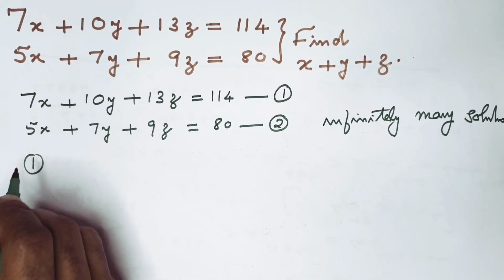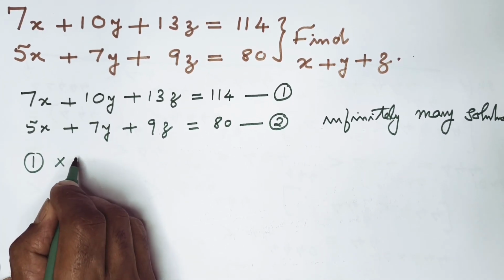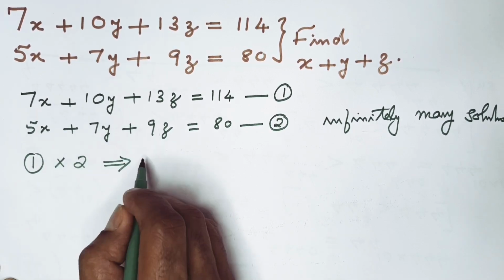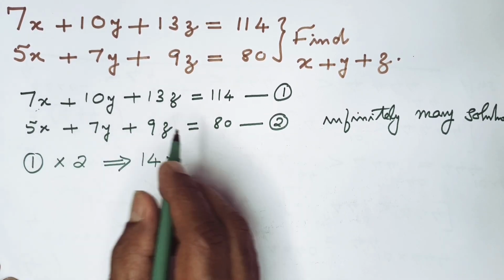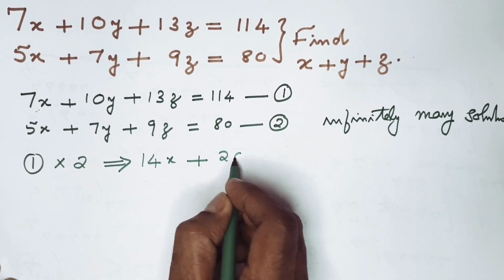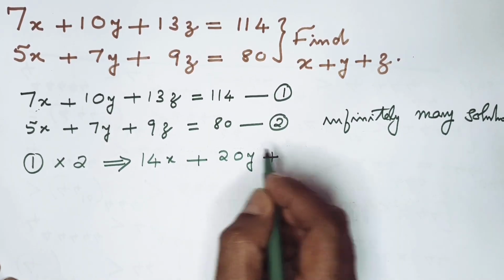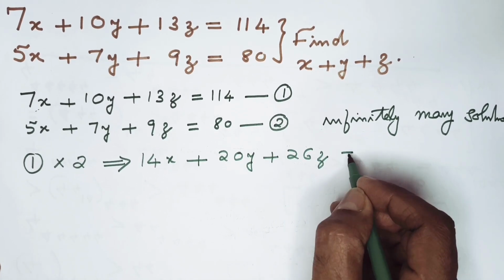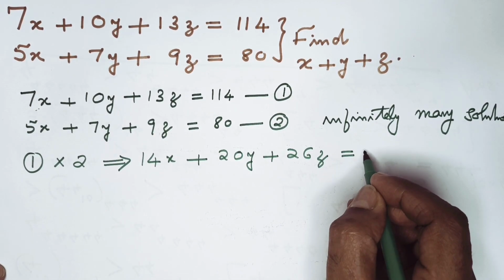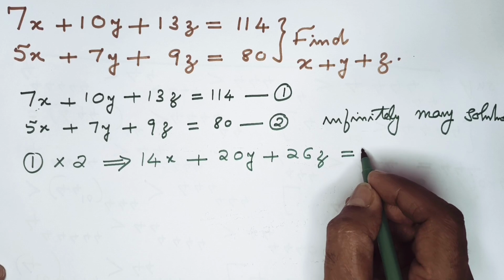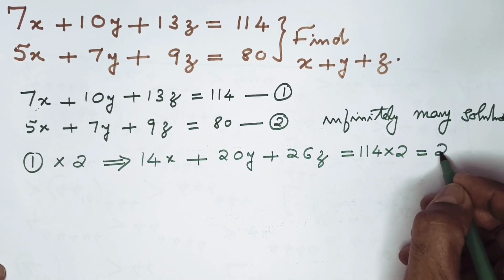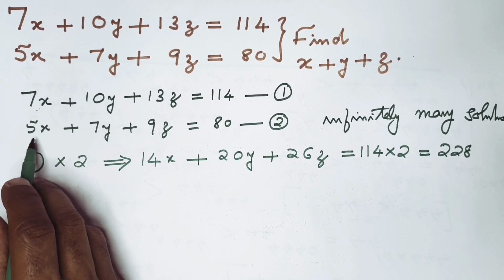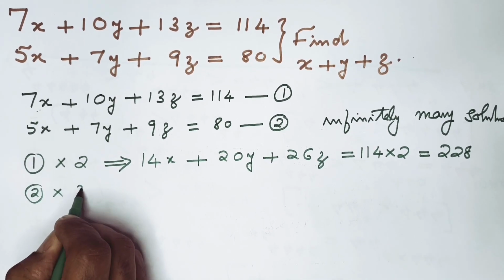So let's think of some numbers with which these equations are to be multiplied. Do one thing, multiply the first equation by 2 throughout. So what do you get? 7x into 2, 14x. Similarly, plus 20y. Then 13z into 2, 26z equal to right side will be 114 multiplied by 2, which on simplification 228. Similarly, let me multiply the second equation by 3.